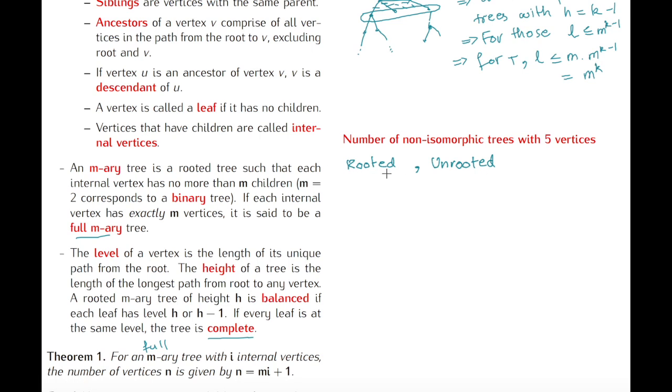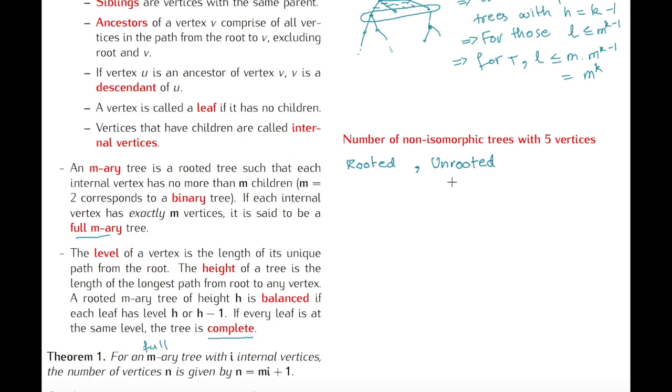Rooted will have more options because for root we have 2 degrees of freedom. For unrooted we can only have a degree sequence, which determines how many non-isomorphic trees I can have. But for rooted trees I have the degree sequence and the selection of root as my choice.